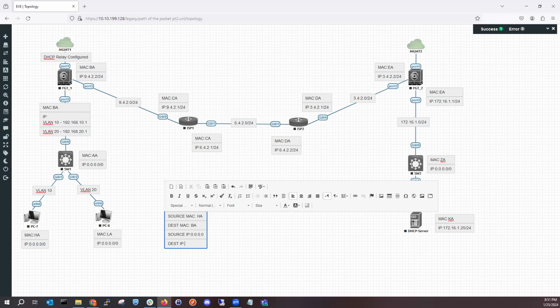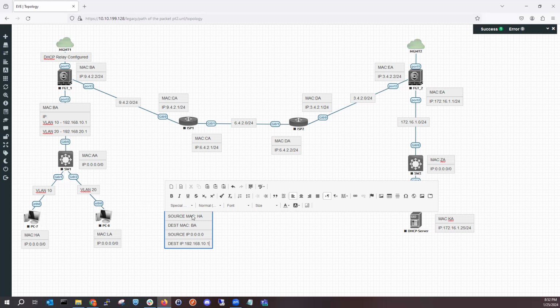The destination IP should be... Since it looks like the network has been segmented, if PC7 is in VLAN 10, then I would assume that the destination IP would be for VLAN 10, which is 192.168.10.1.